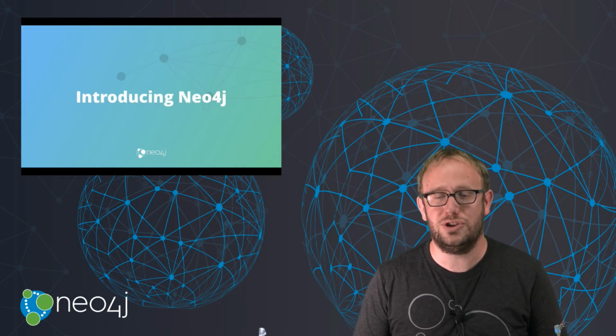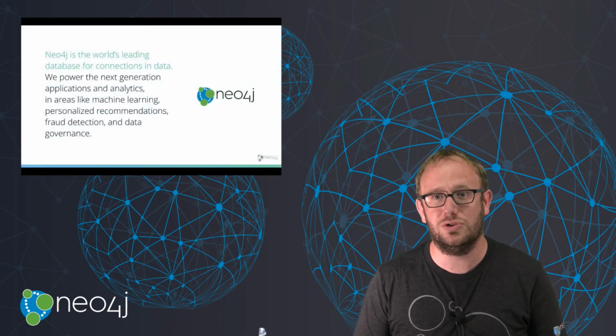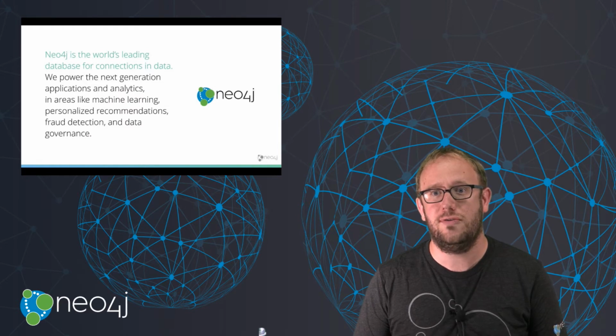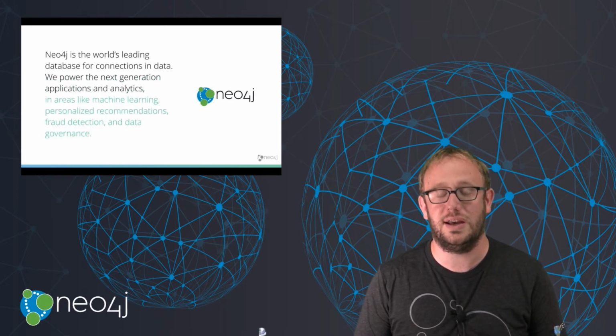To introduce Neo4j to you as a company and as a product, well, Neo4j is the world's leading database for connections in data. We power the next generation analytics applications in areas like machine learning, personalized recommendations, fraud detection, and data governance.